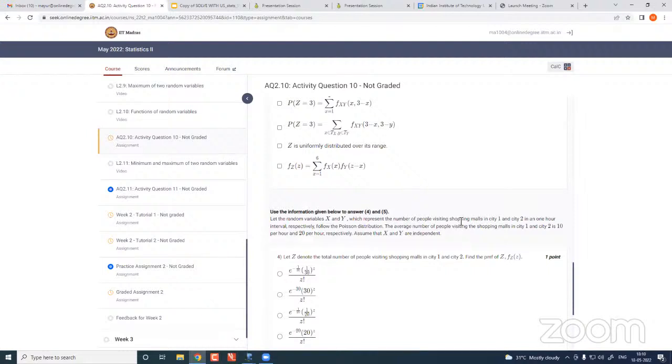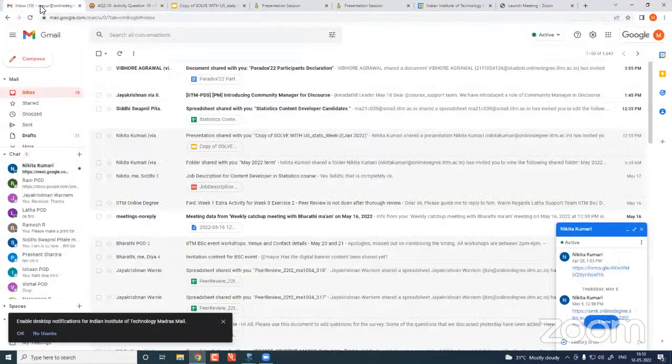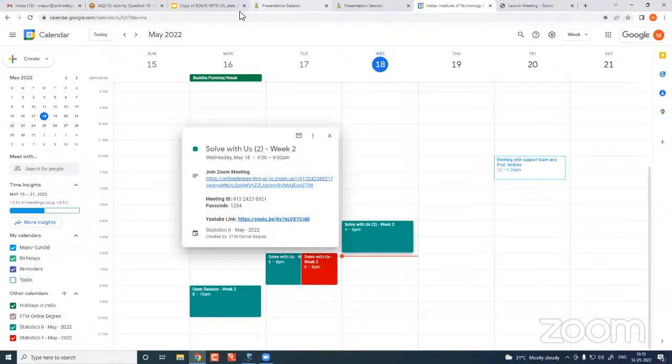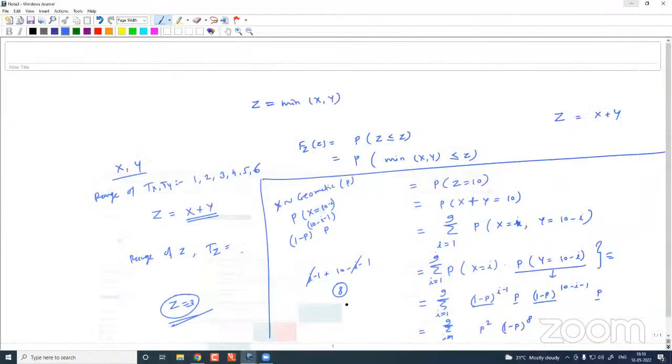And how many people are there? N number of people, suppose. So these n people have two options, either city 1 or city 2.